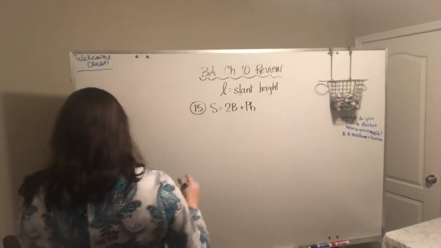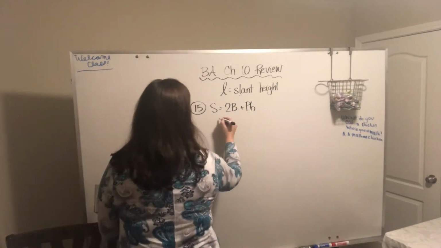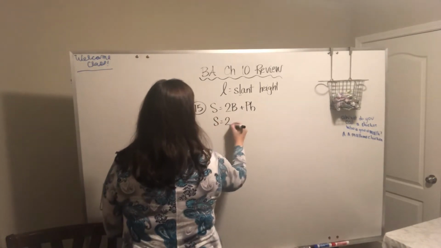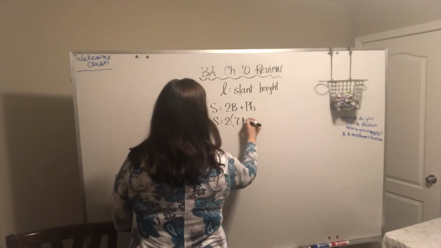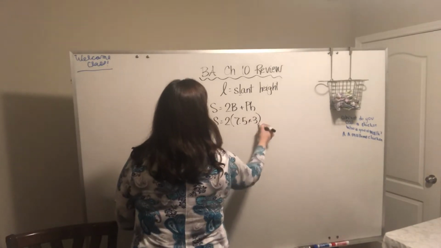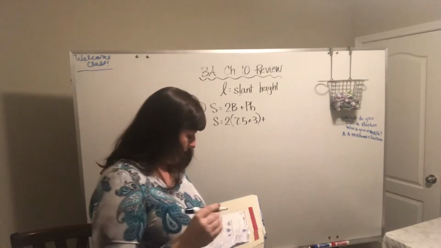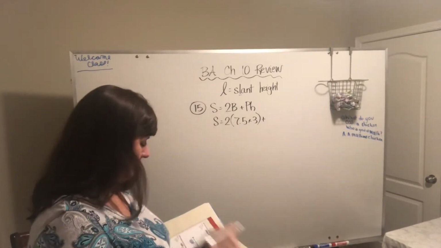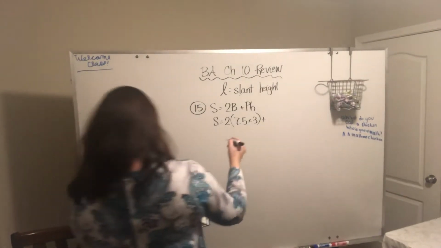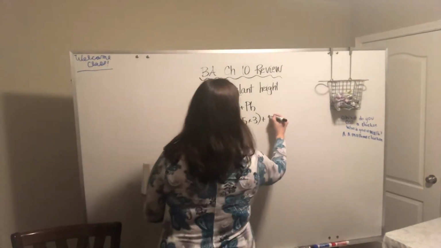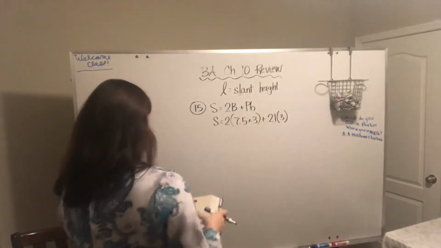The base is 7.5 by 3, so 7.5 times 3, plus the perimeter around the base, 7.5 plus 7.5 is 15, plus 3 plus 3 is 6, so that's 21. And the height there is 3.